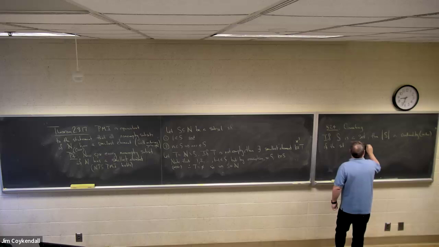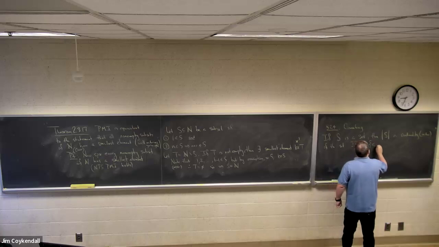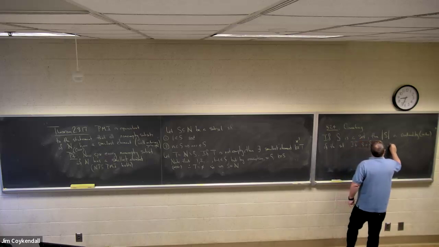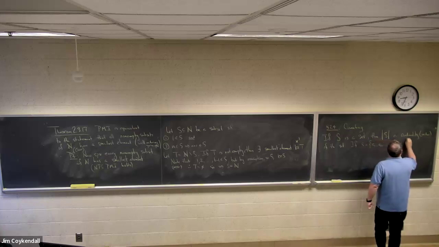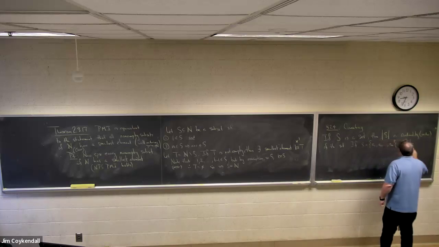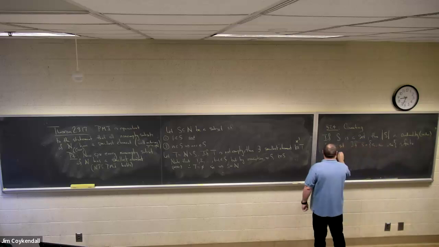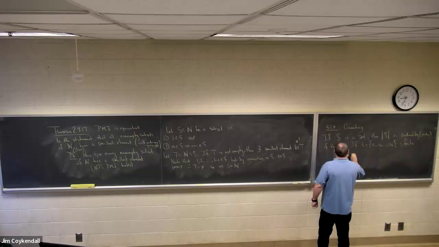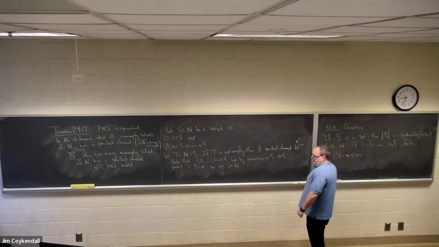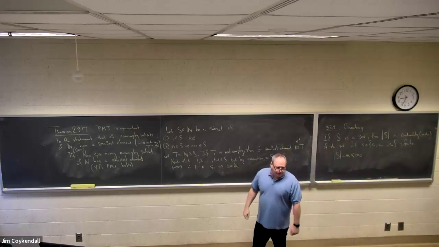If S is equal to {A1, A2, ..., AM}, then sometimes we say the order of S is M. So for right now, we've only got two kinds of sets.